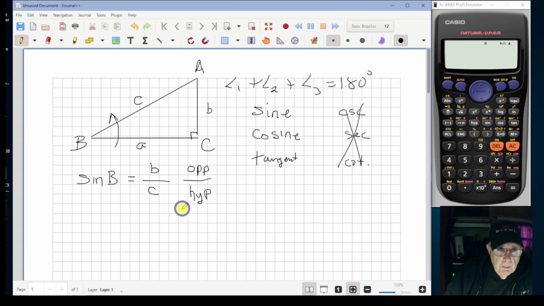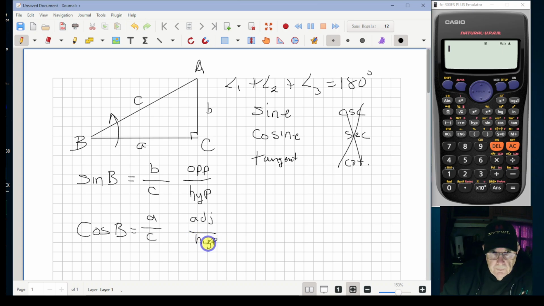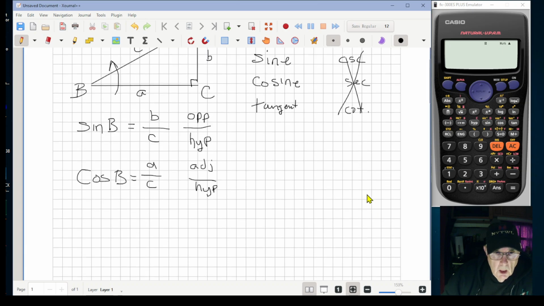That's the relationship. The cosine of angle B is the side adjacent to that angle, next to it. This side is next to the angle where this side is opposite the angle. So it is a over the hypotenuse. And then for the sake of completeness, let's do the tangent.